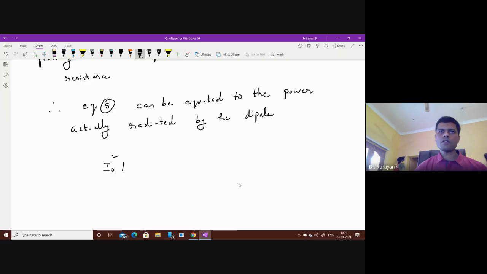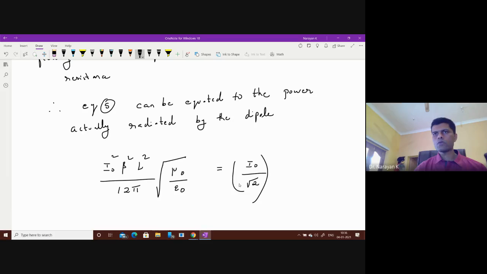but I naught square beta square L square divided by 12 pi into square root of mu naught by epsilon naught is equal to I naught by root 2 whole square.